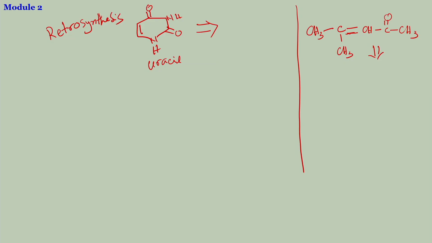So, if you can think how you can make the carbon-carbon pi bond from the single bond here, how to make the double bond, then you are through.